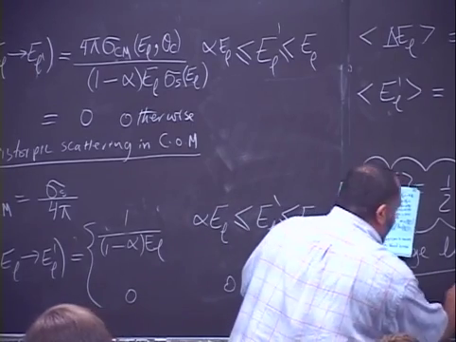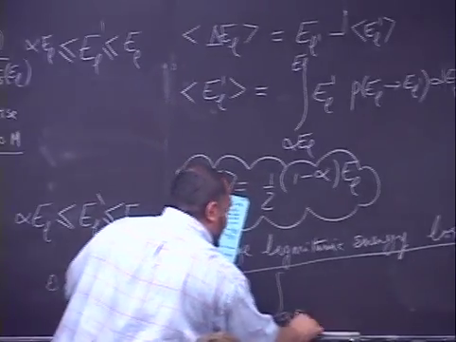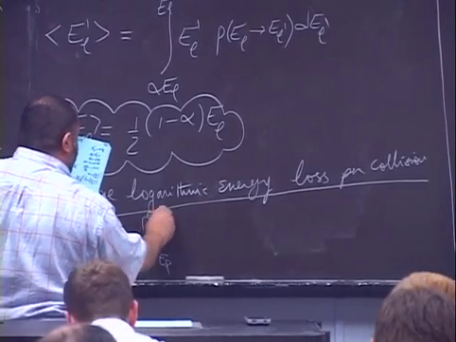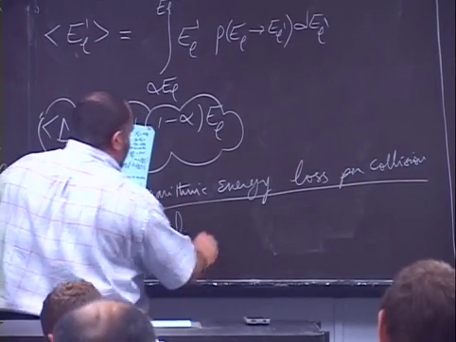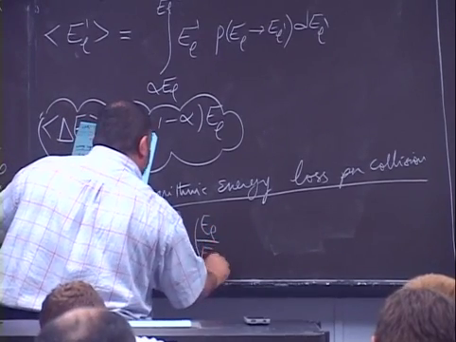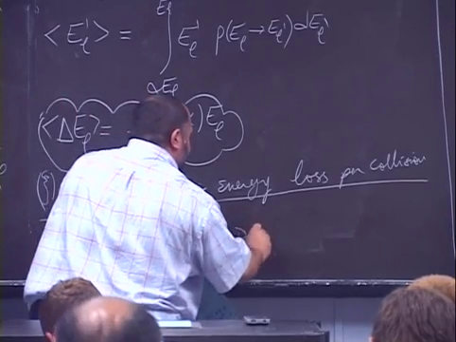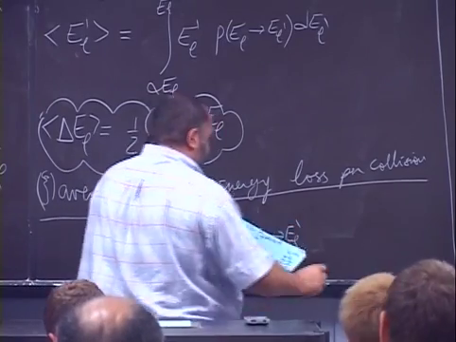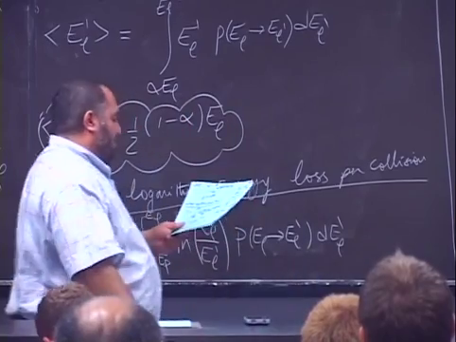So this will be, again, if it is the average, you will be calculating the average from alpha EL to EL, but now it will be the logarithm of EL divided by EL prime, multiplied by the probability of EL going to EL prime, all evaluated at delta EL prime.